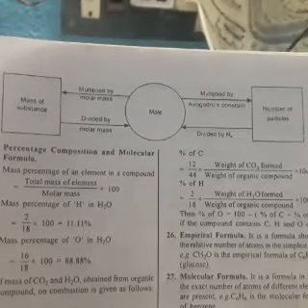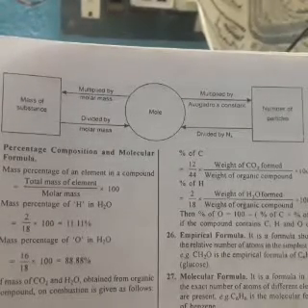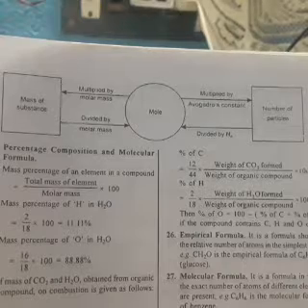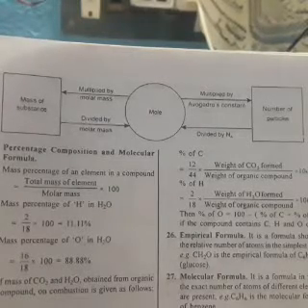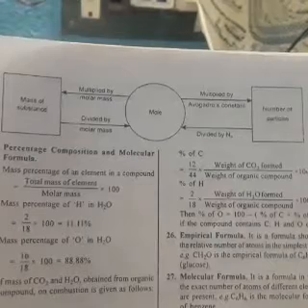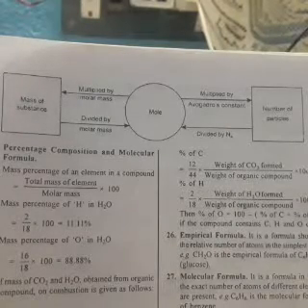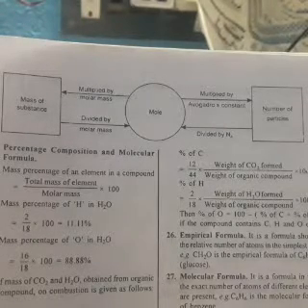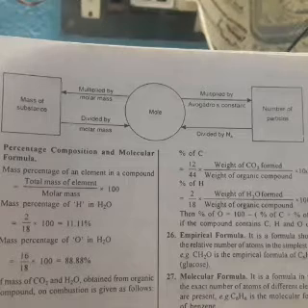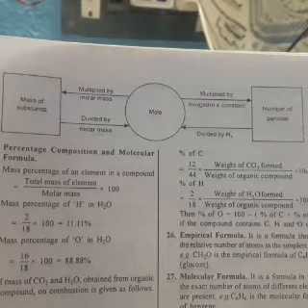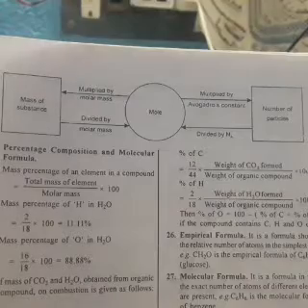So the percentage of hydrogen is 2 divided by the total mass of the substance 18, into 100, which gives 11.11%. So you can easily calculate the percentage of hydrogen and oxygen.